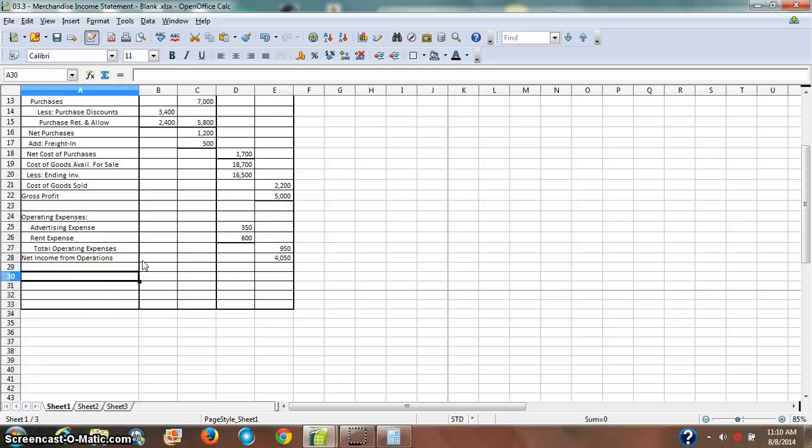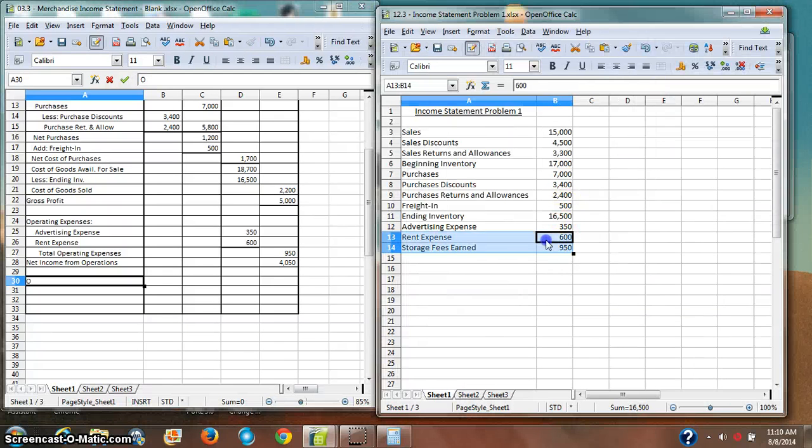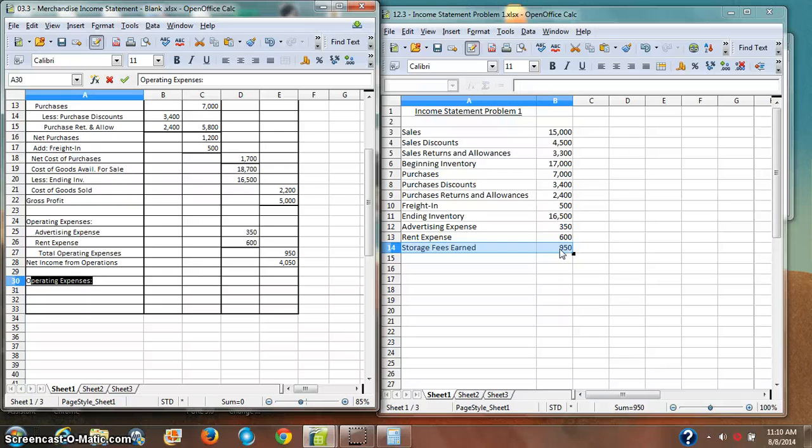Now I've got something else as well. Pulling up this problem here again, I've also got the storage fees earned. Maybe somebody was storing something in the back for us and we charged them money. And so this isn't really related to our sales of merchandise. It's not even really part of our overhead costs. This is what's called other income. And so I'm going to put this down here at the bottom.